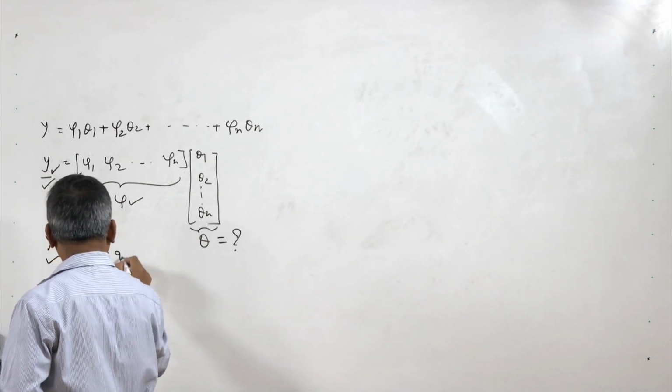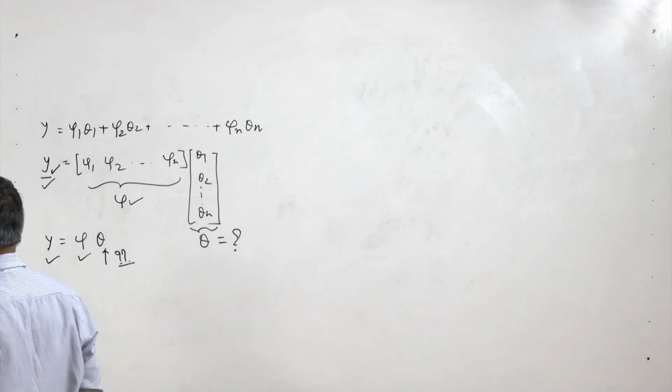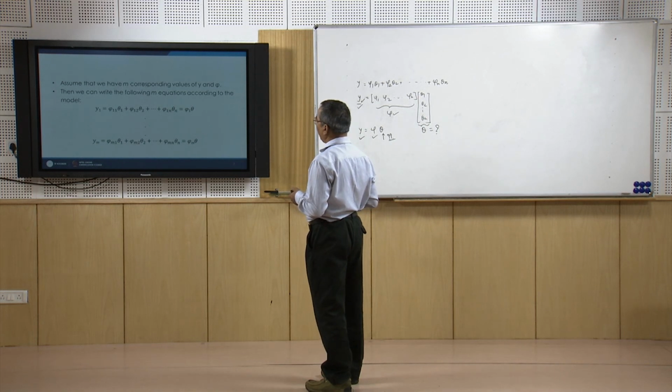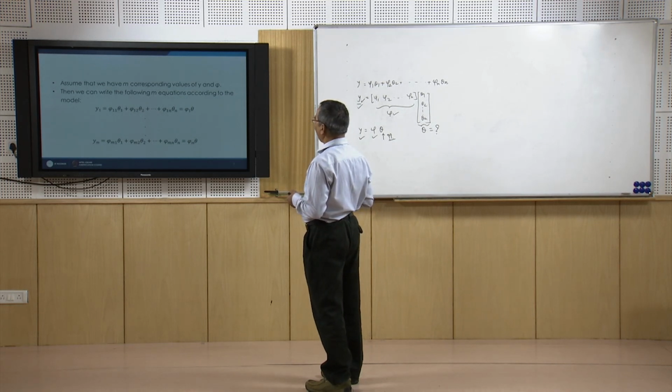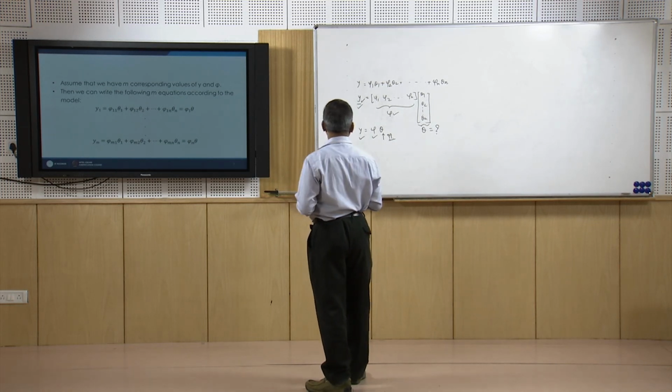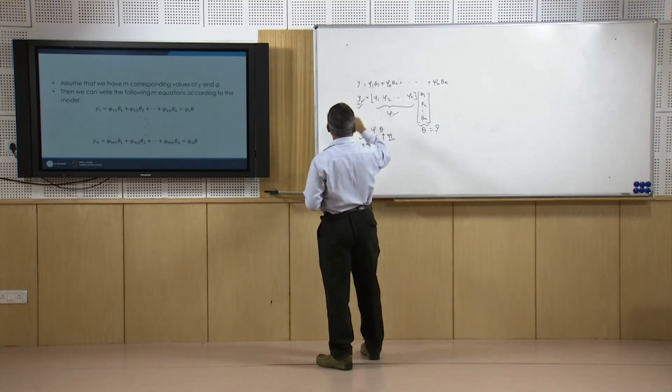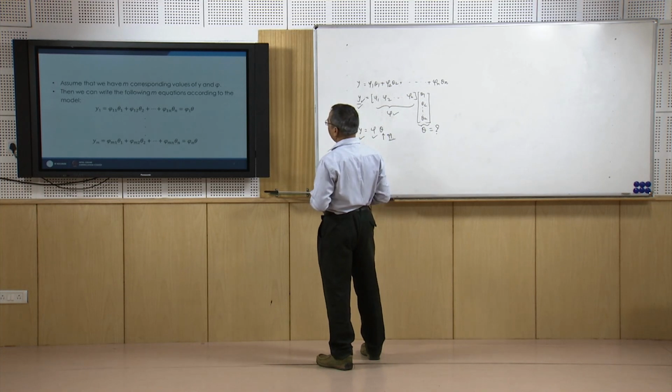So, we assume that we have m corresponding values of y and phi, then we can write the m expressions like this. These y's are available to us.